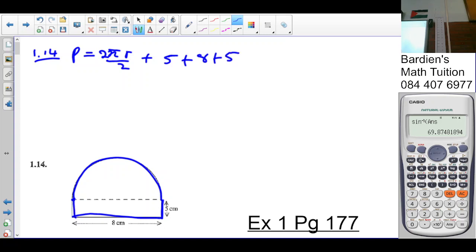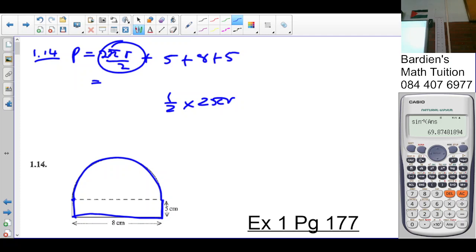Can you see that, people? So, a half, 2 pi r plus the others. Now you see this here, that is a half times 2 pi r. I'm just dividing it by 2.